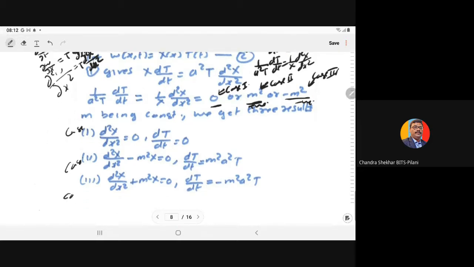Now, in case third, we have d2X upon dx2 plus m squared X equals 0, and dT by dt equals minus m squared a squared T.